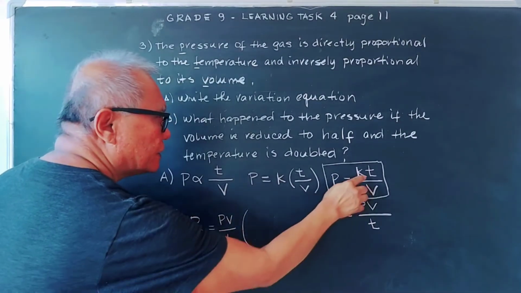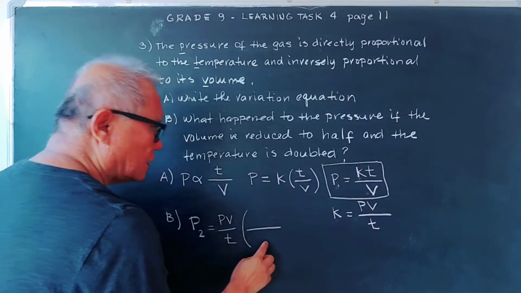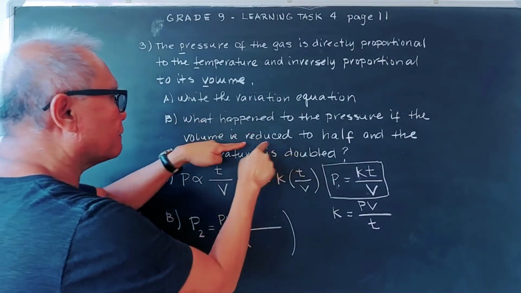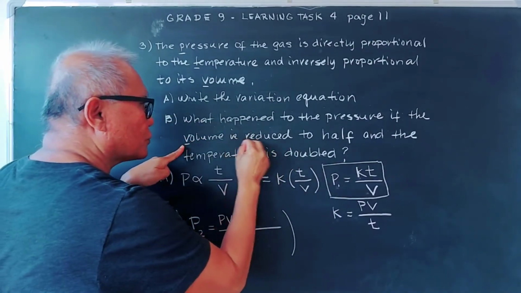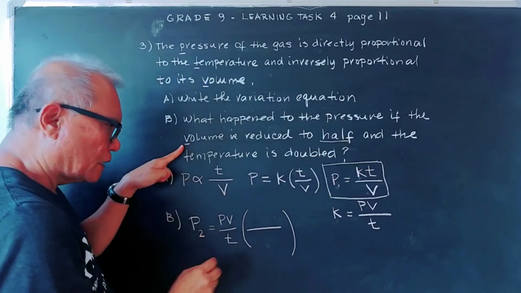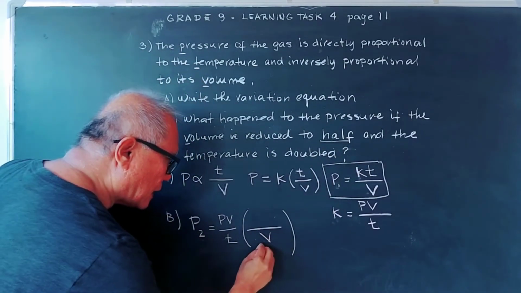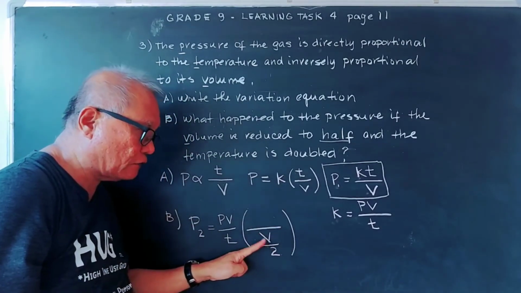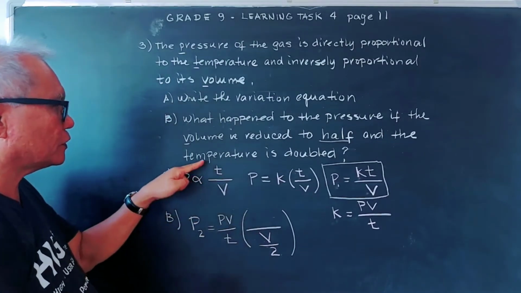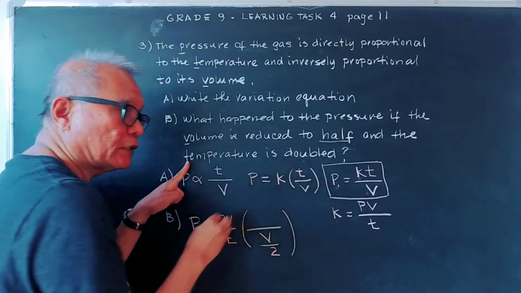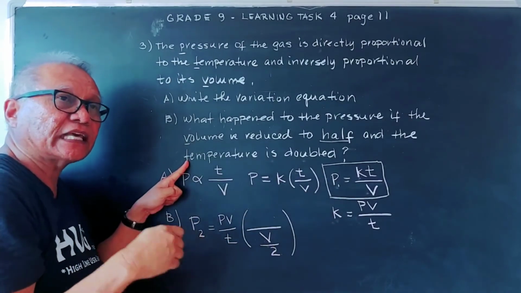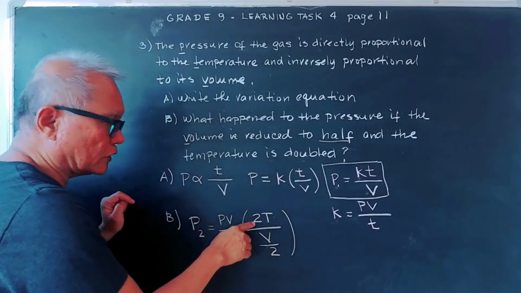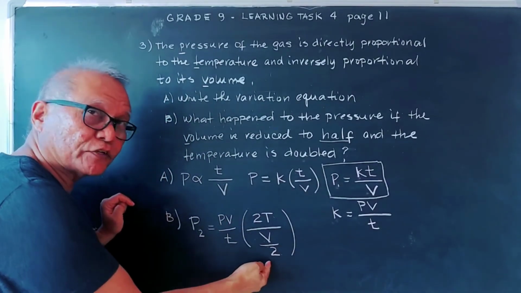Times T. Yung V ay dito. Ano raw ang mangyayari if volume is reduced to half? So, yung volume natin ay reduce sa kalahati. So, 1/2 of V o V over 2. Pagkatapos, the temperature is doubled. Yung temperature daw ay T times 2. So, yung temperature ay 2 times T. Doubled means 2 times. Half means over 2.